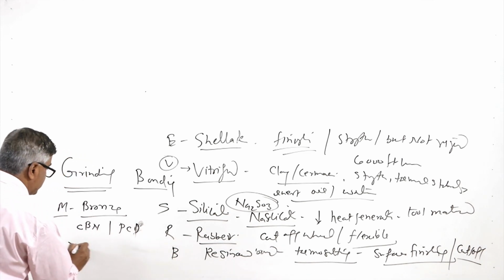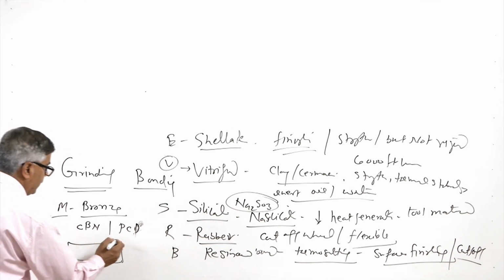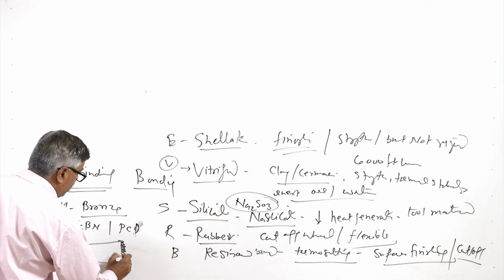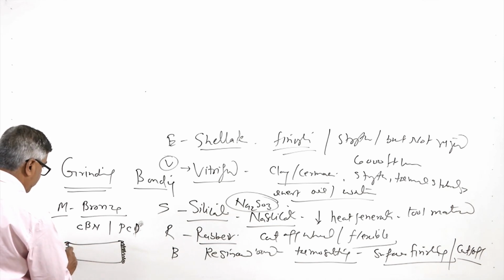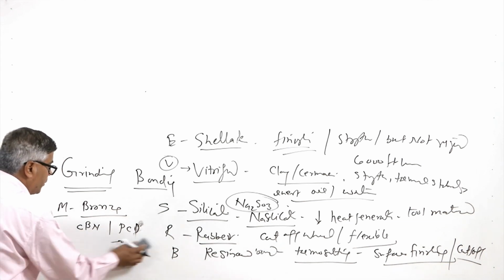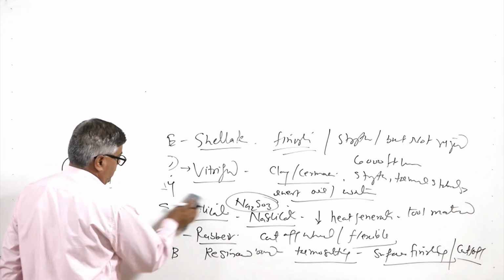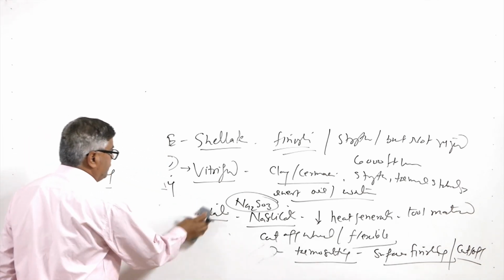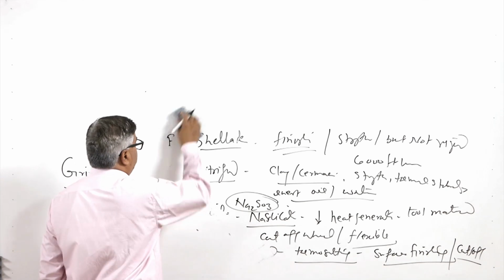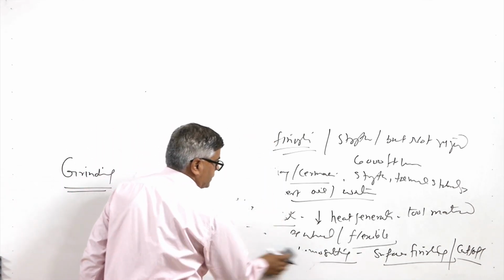Basically, the entire wheel is made of metal, and at the surface the abrasives are applied for grinding. So, these are the five important characteristics related to the grinding wheel, which significantly affect the grinding performance, as has been described.